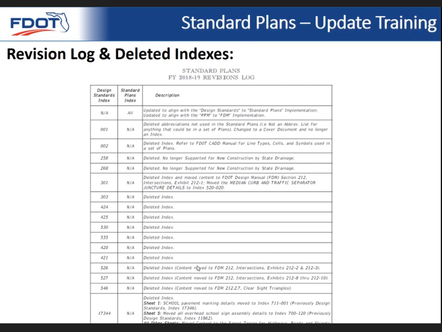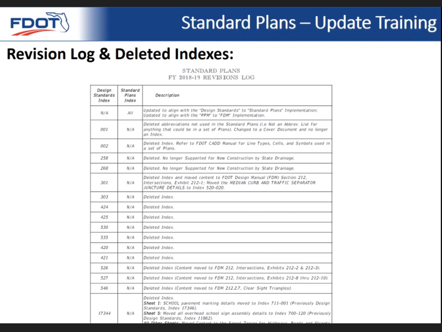But there are a number of indexes, like the turn lanes and some of the interchange layouts that were indexes 301, 526, 527, and the intersection sight distance index 546, that have all been absorbed into the FDM in its new format.